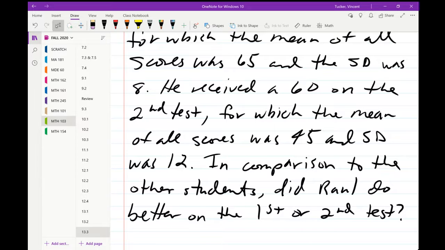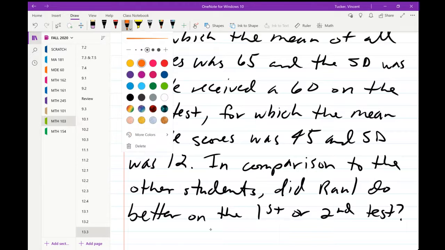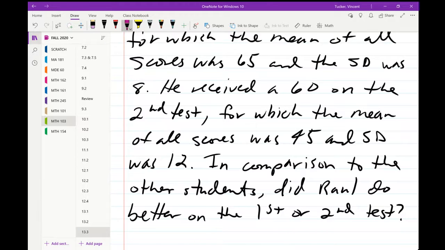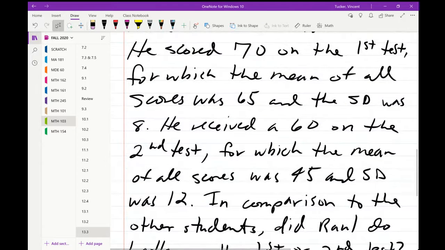The first thing we can do is look at the first test and gather the information for it. He scored a 70 on that first test. The mean was 65. Standard deviation was 8.